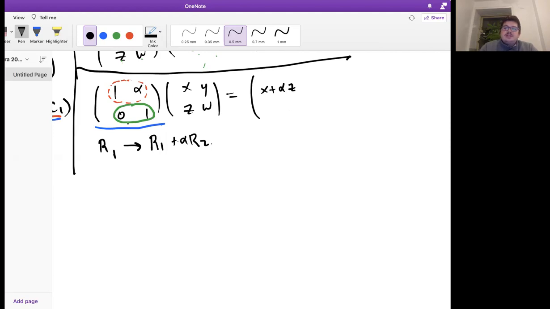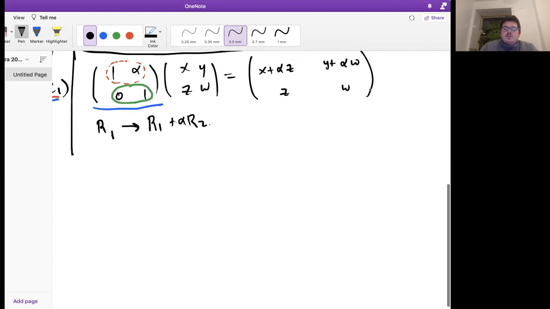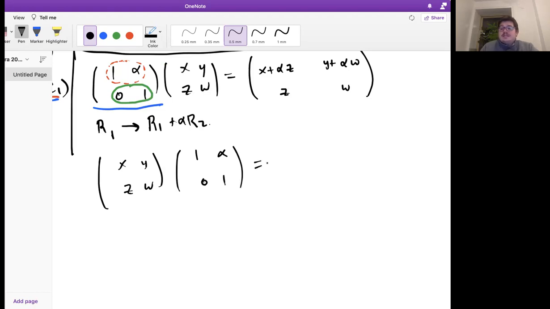So this first matrix here, 1 alpha 0 1, represents the row operation row 1 plus alpha row 2. So this gives x plus alpha z and y plus alpha w. So this would be z w. So what to understand is that when you do a column operation, so you take this 1 alpha 0 1 and put it on the other side, you expect it to be different, right?